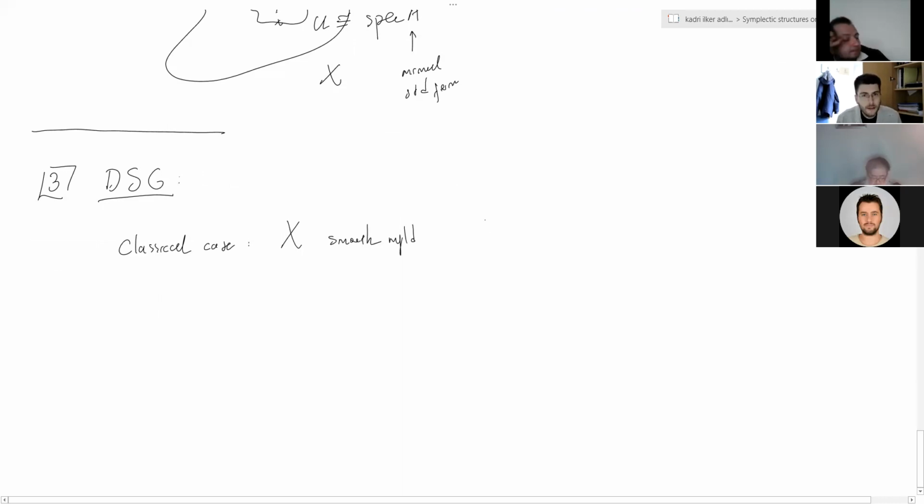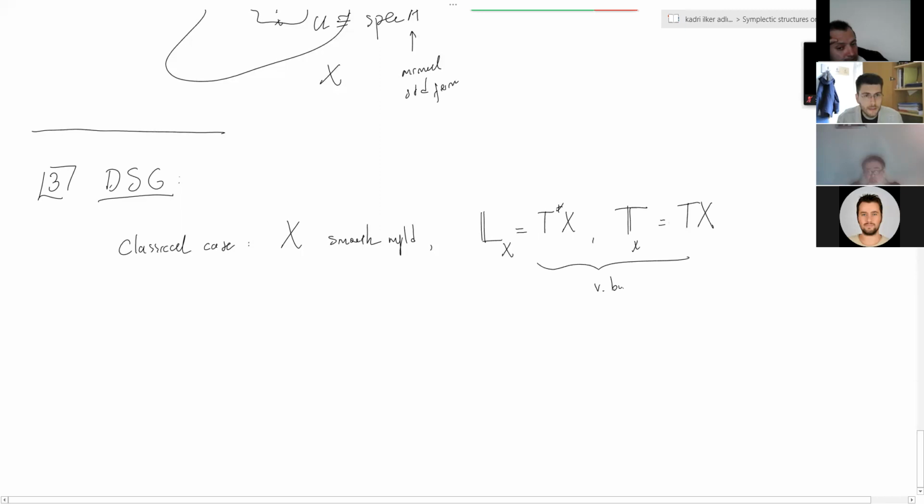Now we have L_X, which is the cotangent space, and we have T_X, which is the tangent space of X. These are bundles, I'm sorry, so these are vector bundles. At each point, we have a really honest vector space. And remember how to define a p-form on X.